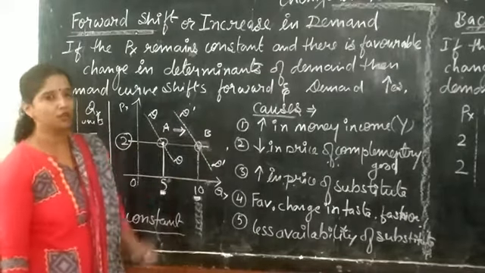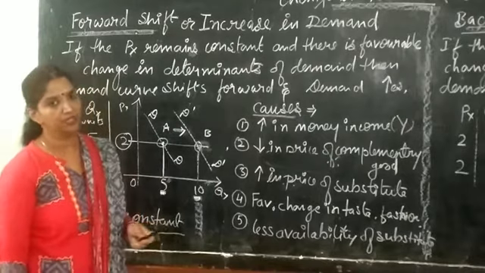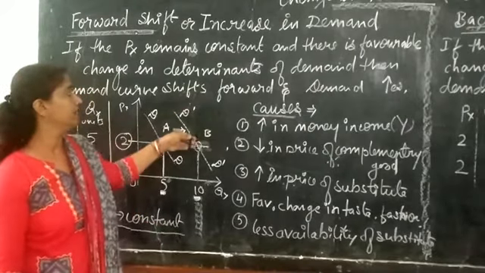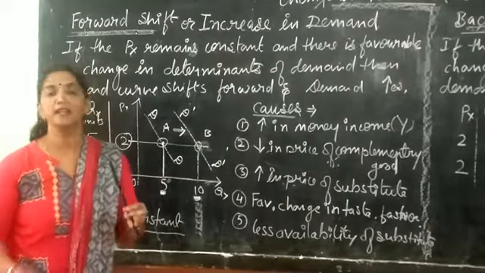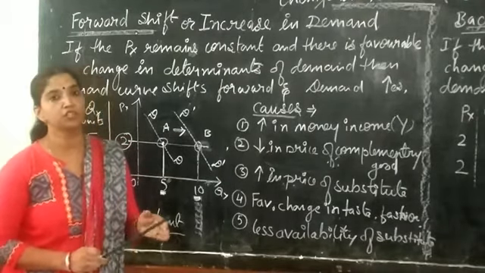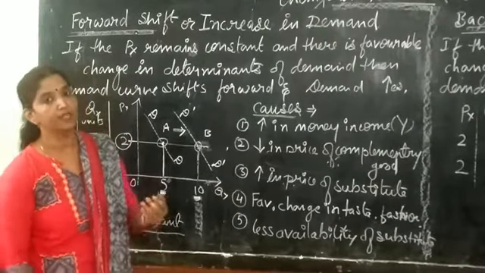There are so many causes which are responsible for increase in demand. Just like I have already written here, there should be favorable changes. Favorable changes means the type of changes which positively affect the demand of a commodity. Just like income.